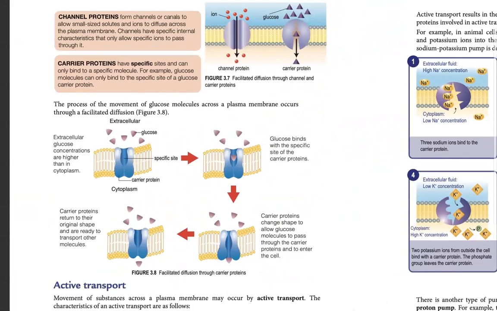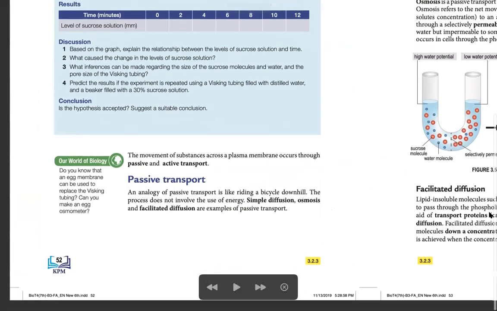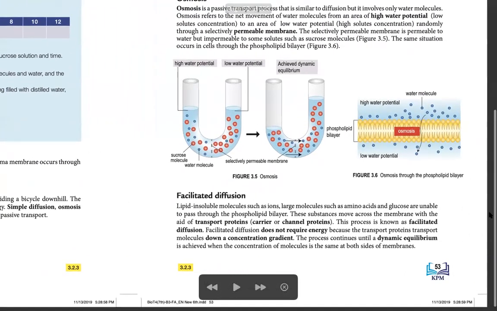Boleh faham? Okay guys, so ni awak tengok kat sini yang tadi cikgu tak bincang lagi ni, information facilitated diffusion. Okay, so for facilitated diffusion, contoh substance yang akan guna dia adalah ion, amino acid, glucose. Okay, so they will use either carrier or channel protein.